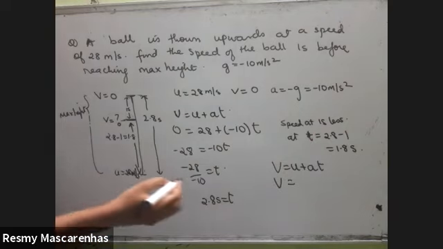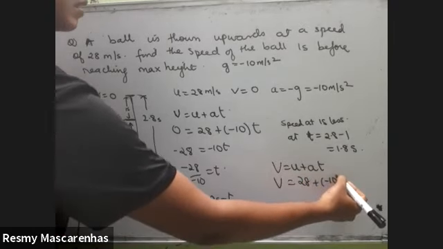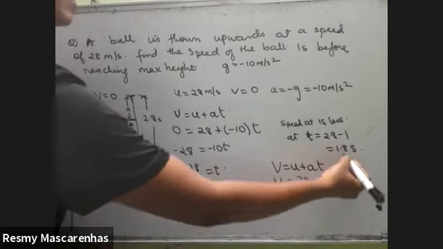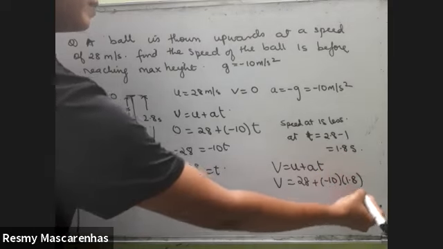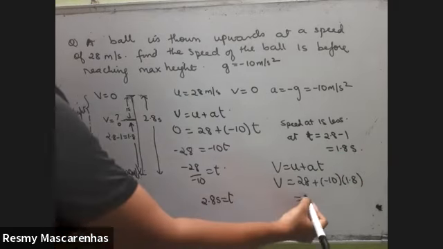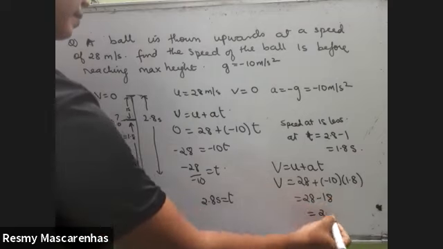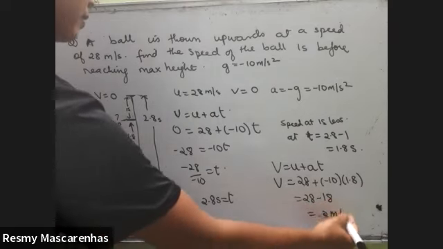U anyways is 28, and this will be 1.8. So this is 28 and this is AT. So 2 meters per second.